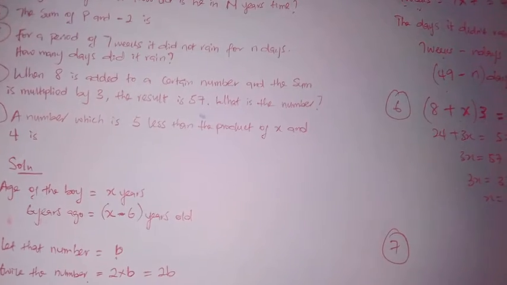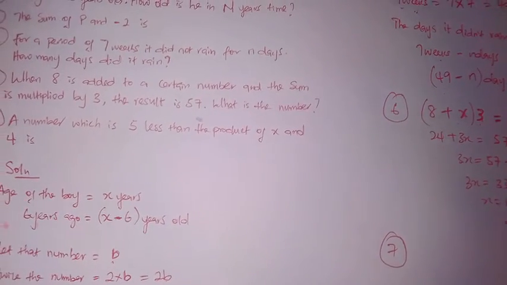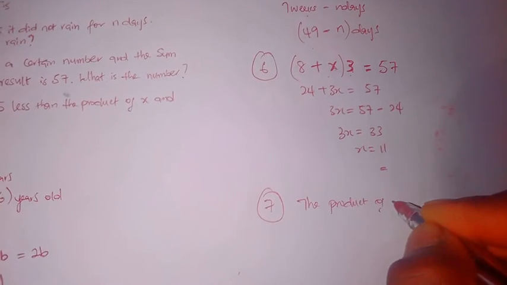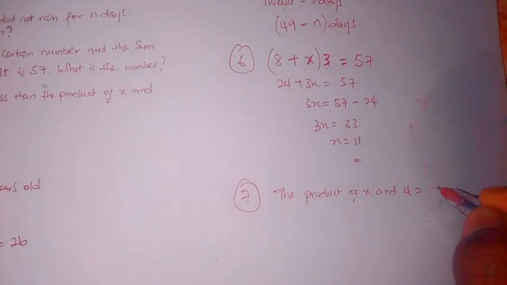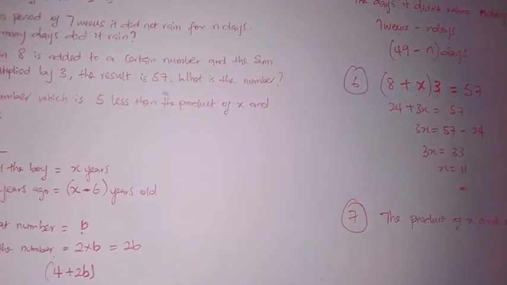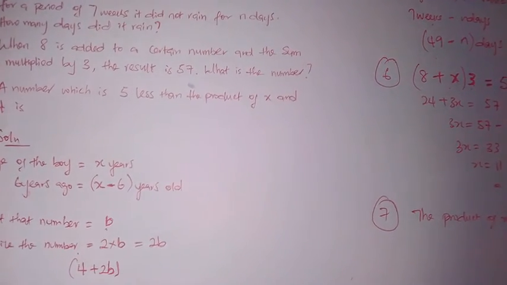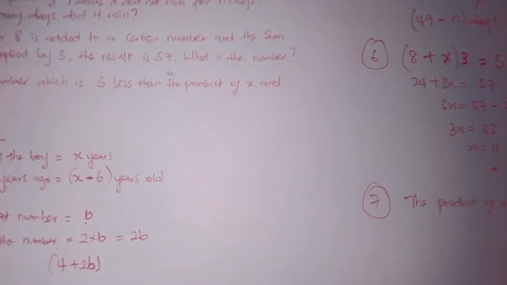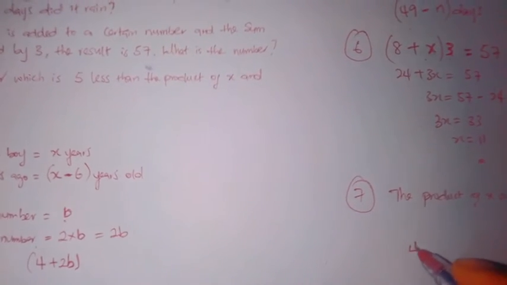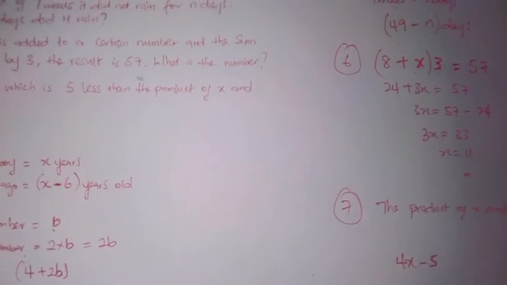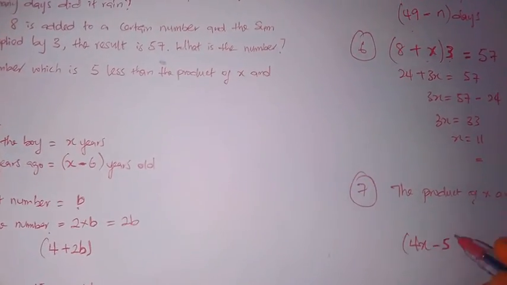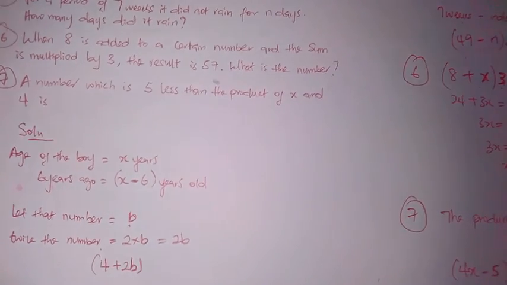First, I have to say the product of x and 4 equals 4 times x, and that's 4x. Then, a number which is 5 less than the product of x and 4 means 5 less than 4x, which is 4x minus 5. 5 more than 4x would mean 4x plus 5 in that case. Okay, so this is the number.